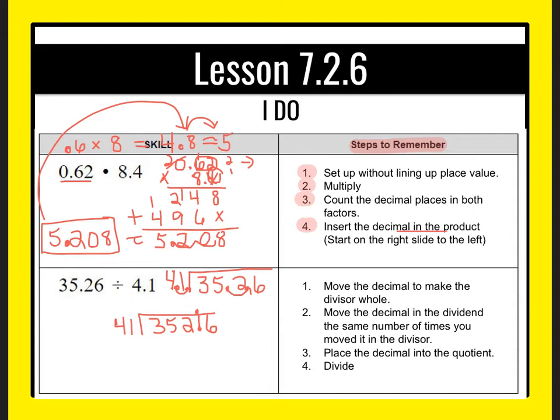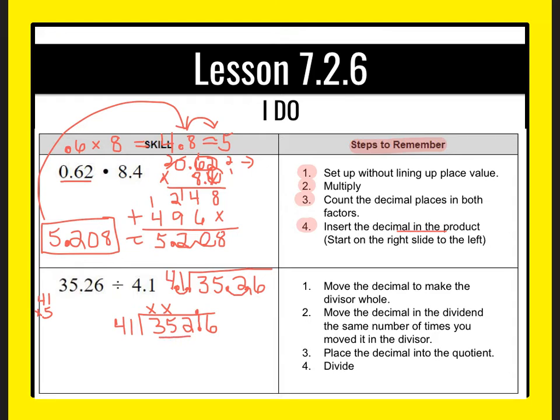I'm looking for the number that I multiply 41 times to get close to 352. Sometimes it's important for us to just estimate. I like to multiply always by 5, because I know 41 does not divide evenly into 3 or 5, but it definitely divides into 352.